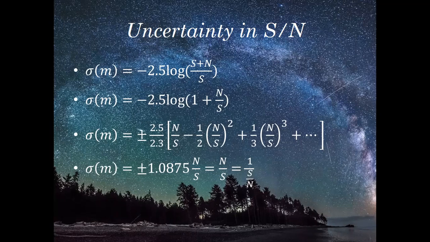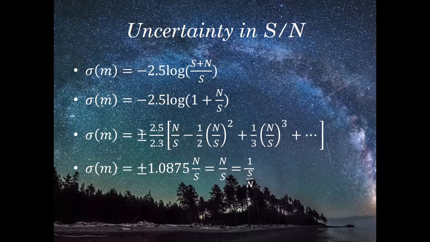Now there is one thing called the Taylor's expansion for logarithm. I don't know whether you know this or not, but log of 1 plus N by S can be written as minus 2.5 with a division factor of 2.3 due to the expansion of log.